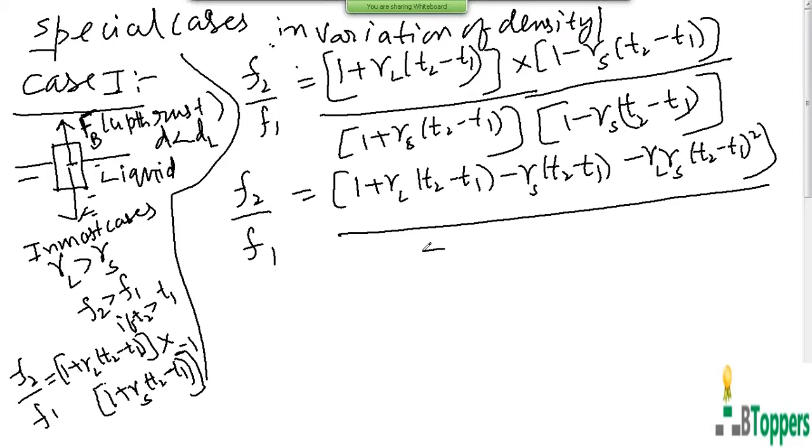The denominator you can write as 1 square minus gamma for solid square into T2 minus T1 whole square.